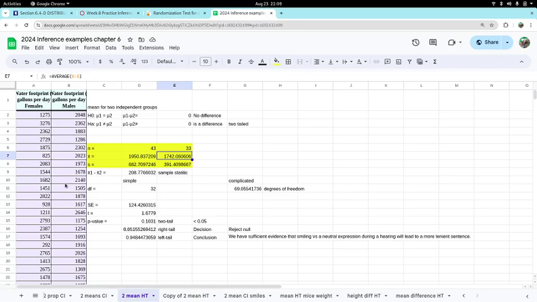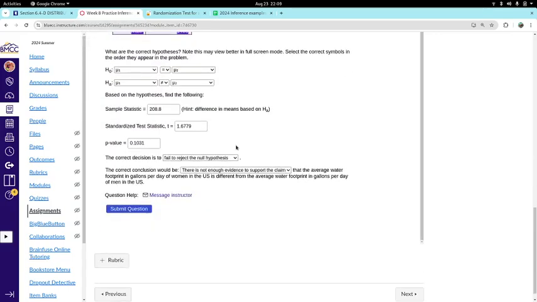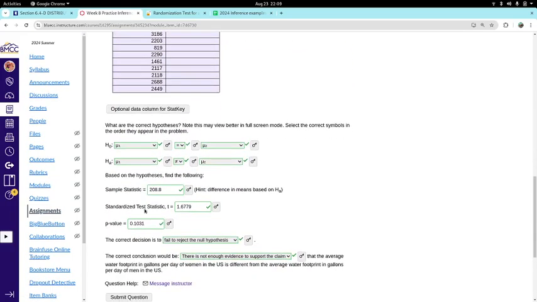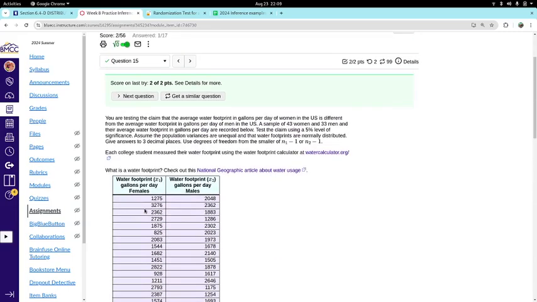So given that samples will vary from place to place and group to group, and given randomization and probability, they're close enough. Nice. And again, it depends on the sample. So for this particular sample, we have no evidence that females use more or less water than males.